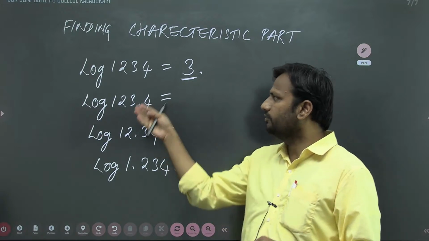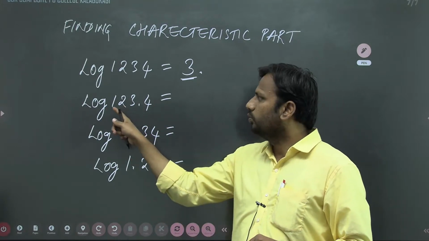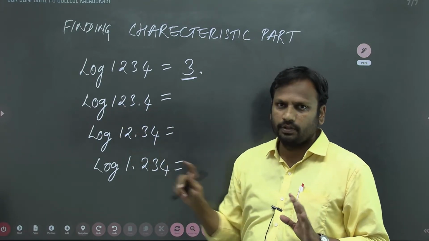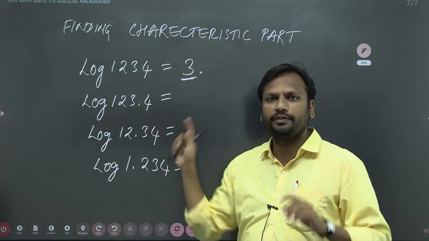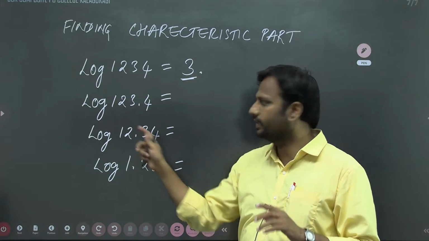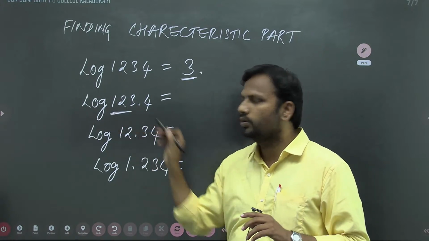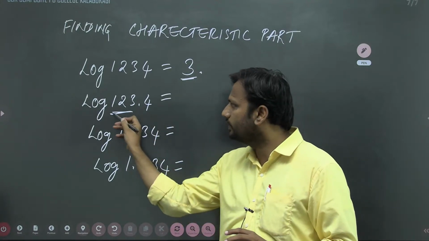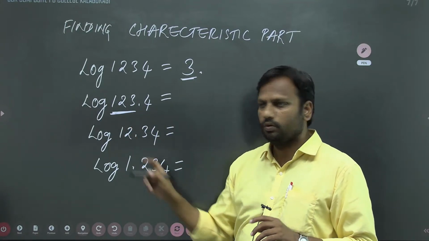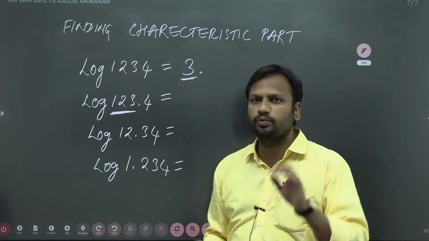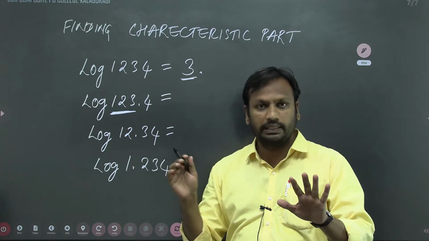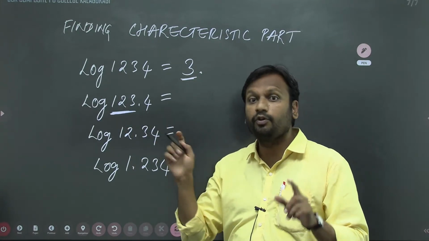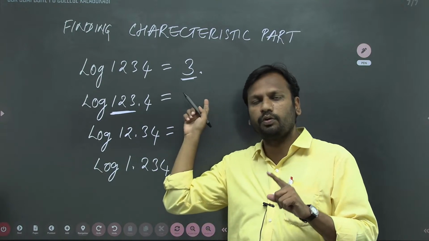Now go for the second one here, log of 123.4. How many digit number is it, students? You have to consider only the 123. Leave the decimal part for the characteristic part that you want to get here.